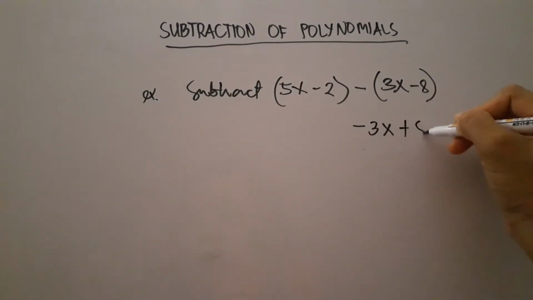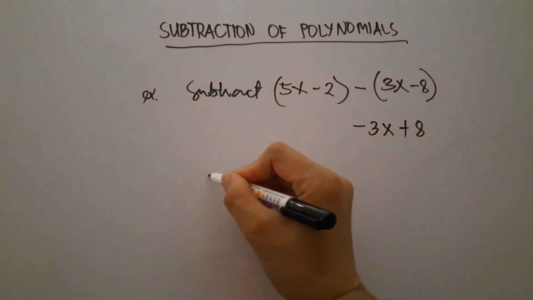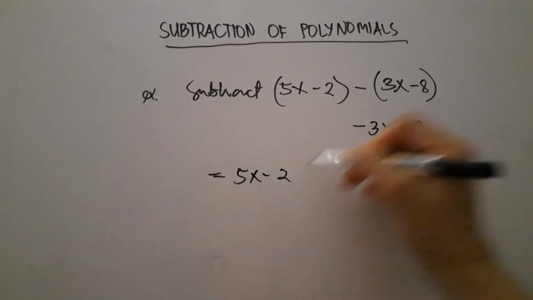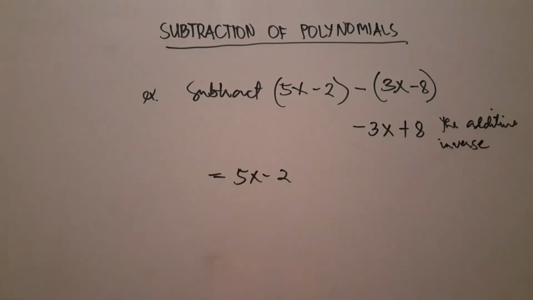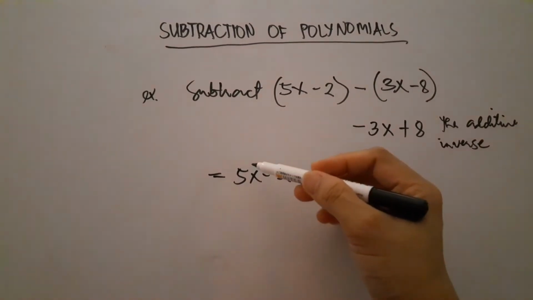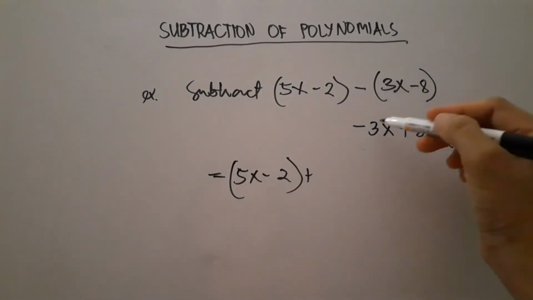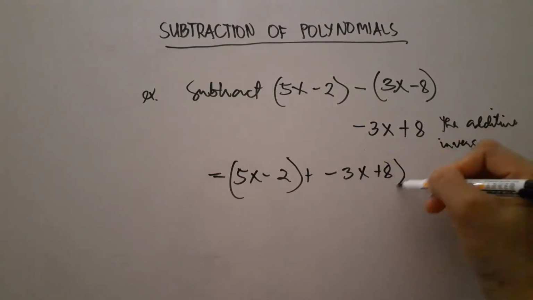We can see that the additive inverse of 3x minus 8 becomes negative 3x plus 8, and this is the additive inverse of the polynomial. And copy the first polynomial, which is 5x minus 2, plus the additive inverse, which is negative 3x plus 8.